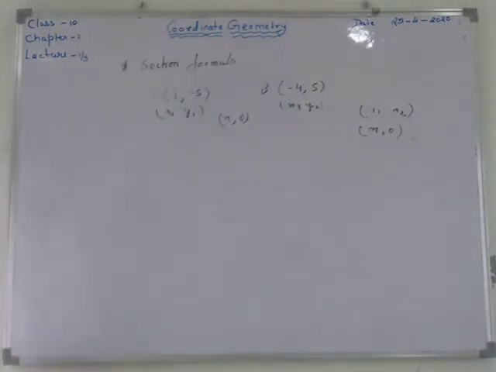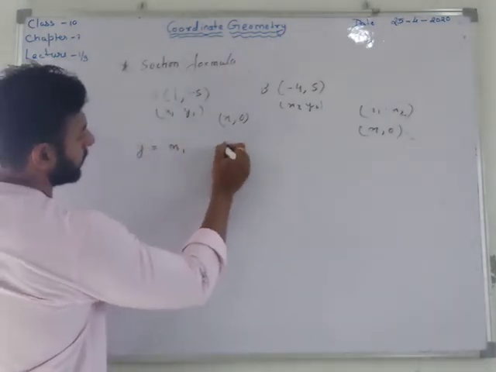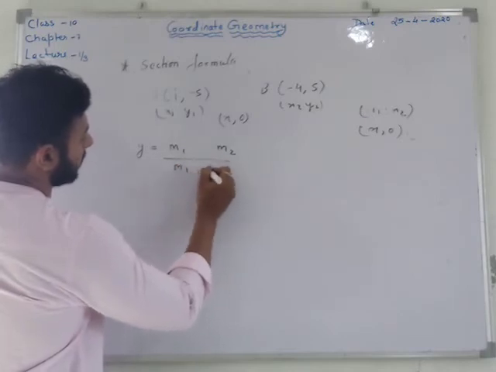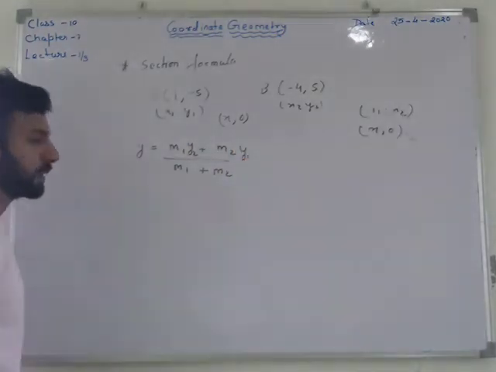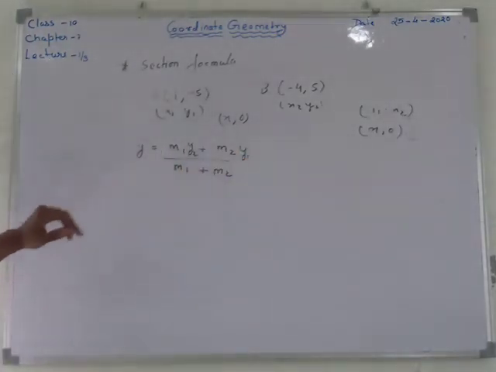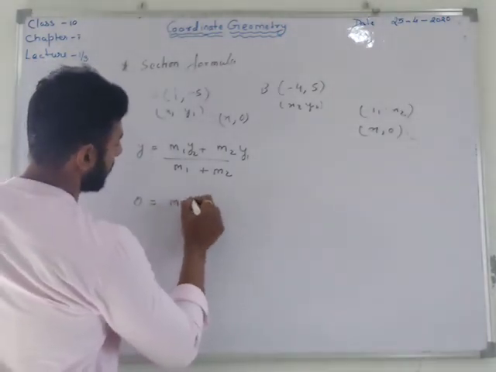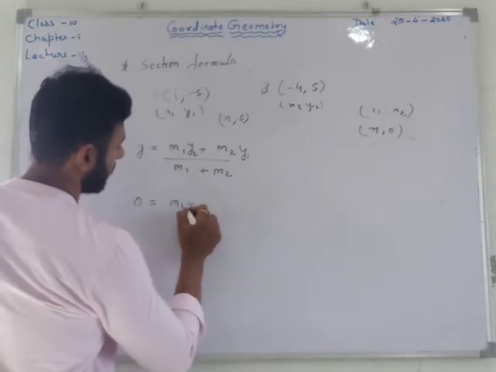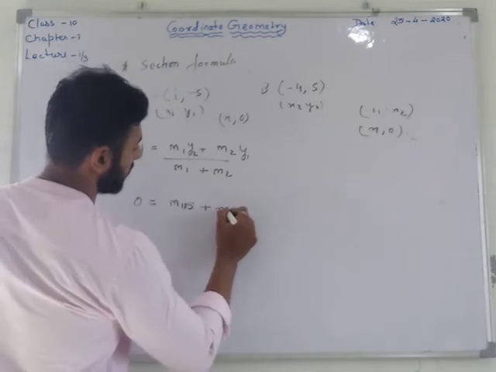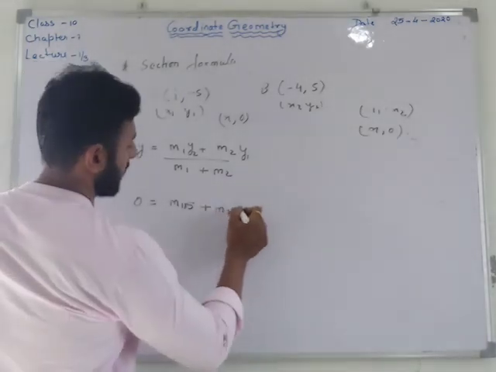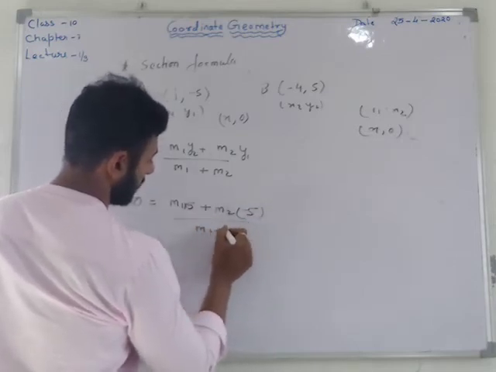Now solving first for y. y is equal to m1 y2 plus m2 y1 upon m1 plus m2. Substituting the values, y is 0, m1 we don't know, y2 is 5, plus m2 which we have to identify, and y1 is minus 5, upon m1 plus m2.